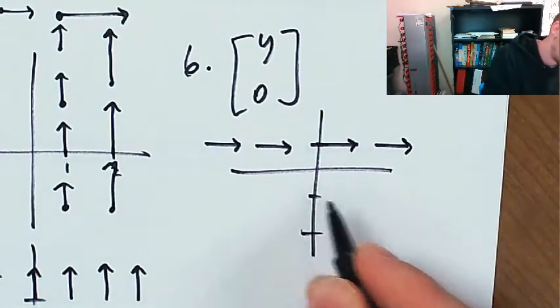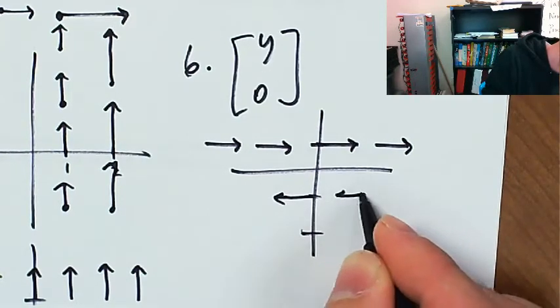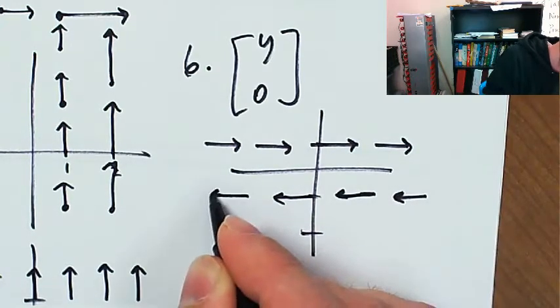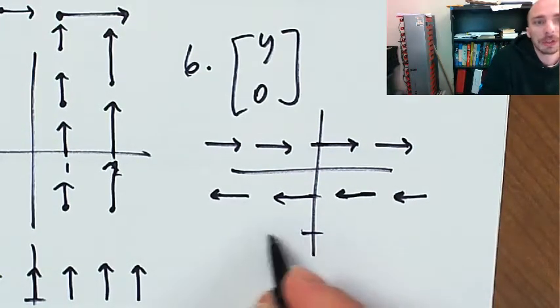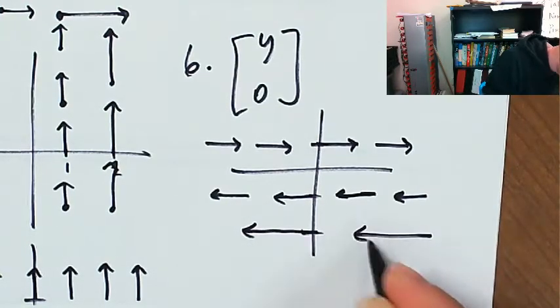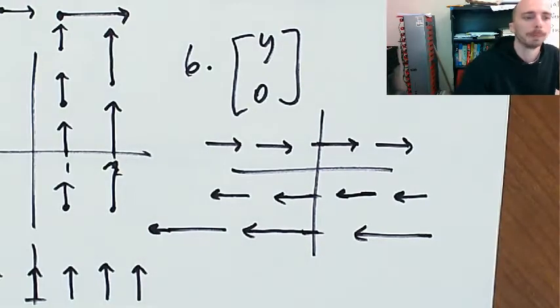Over here would be -1, 0. So same length, but pointing like that. And down here where it was -2, it would be longer, so go twice as long. Something about like that.